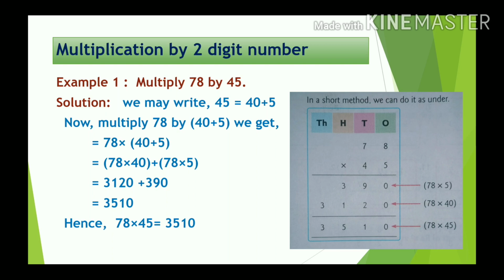So we get 390. Now again we have to multiply 4 tens, which is 40, into 78. So we get 3120. Now after adding we get 3510, which is the answer of multiplication.